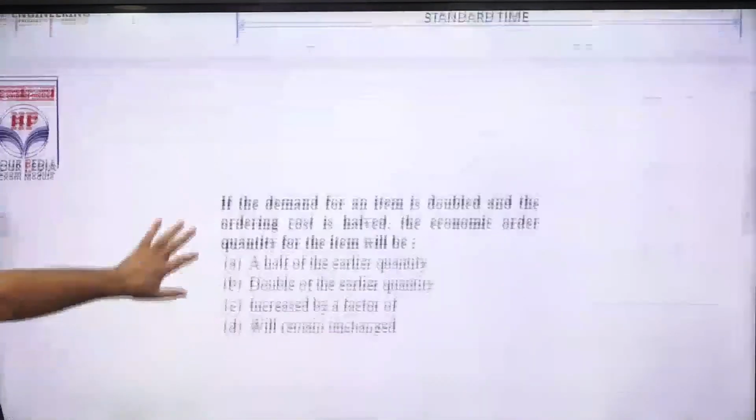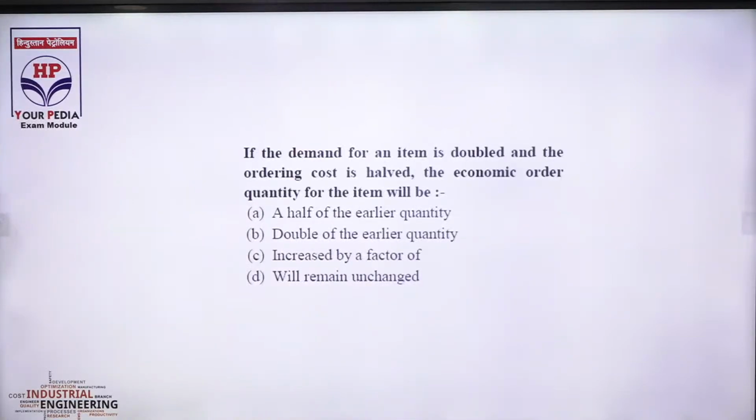Okay, let's go next. If the demand for an item is doubled and ordering cost is half, what is the economic order quantity? Answer this fast. If the demand for an item is doubled, ordering cost is half, the economic order quantity for an item will be what?